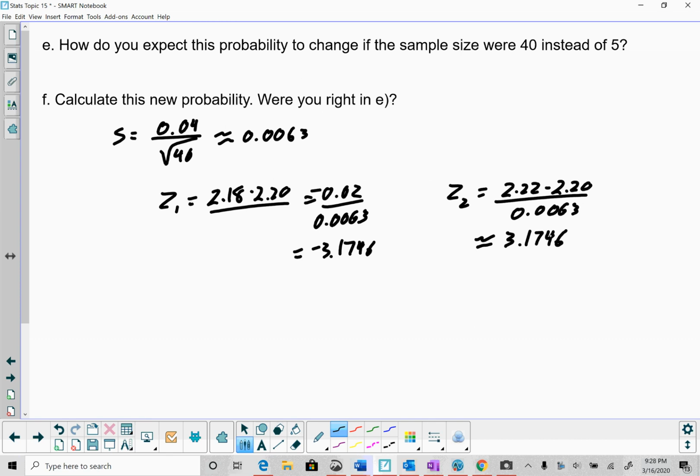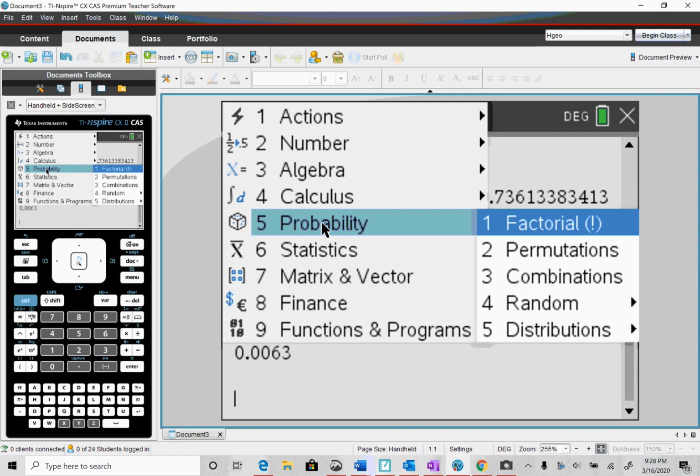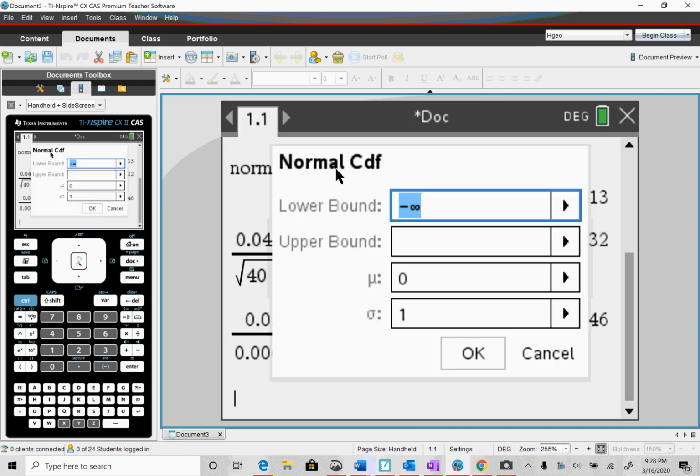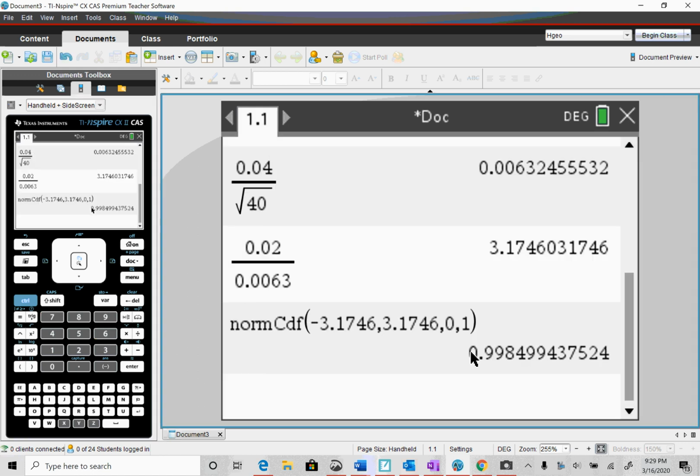And the probability of taking a sample size of 40 bars, finding the weights of each of those candy bars, and then finding the mean of all of those weights, 0.9985.